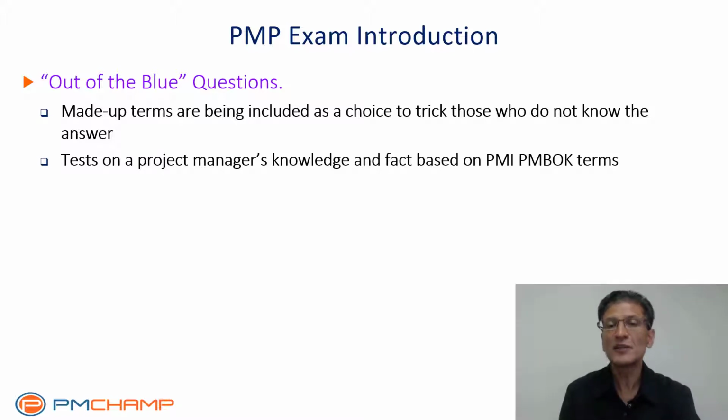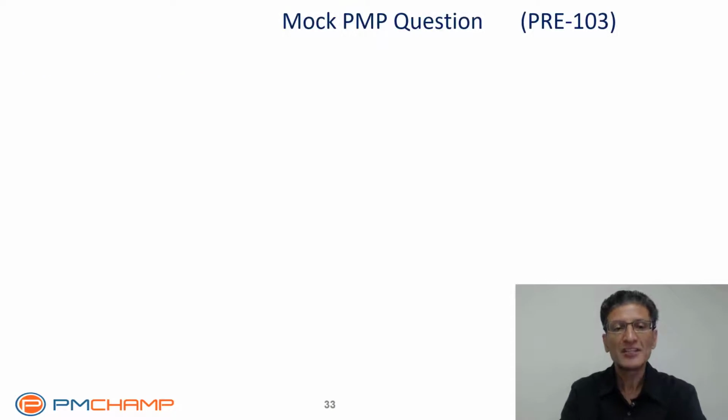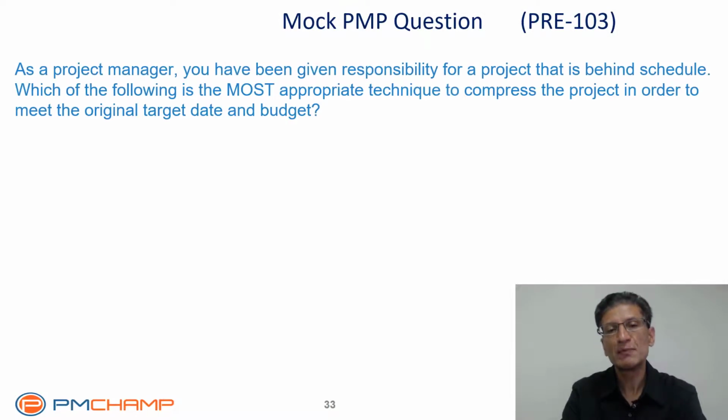So let me test you with a question and see if you know these terms and can you spot the bogus one. As a project manager, you have been given responsibility for a project that is running behind schedule. Which of the following is the most appropriate technique to compress the project in order to meet the original target date and budget?